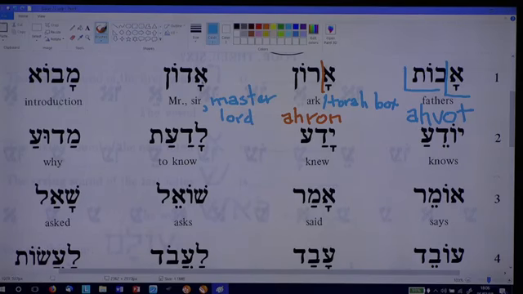Okay, this word is Adon. It means Mr. or Sir in modern English or modern Hebrew, Master or Lord. It's used all over the place in Scripture for Master or Lord.